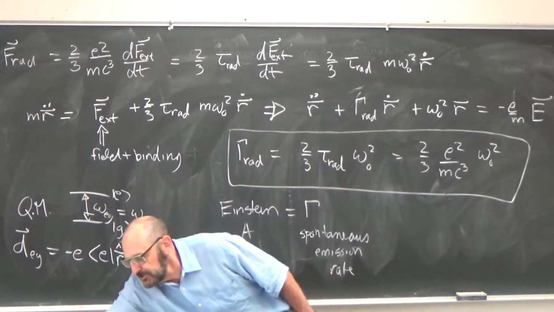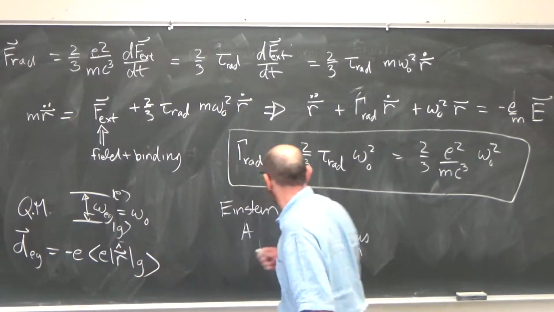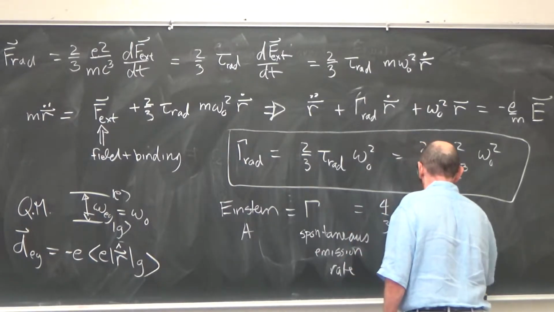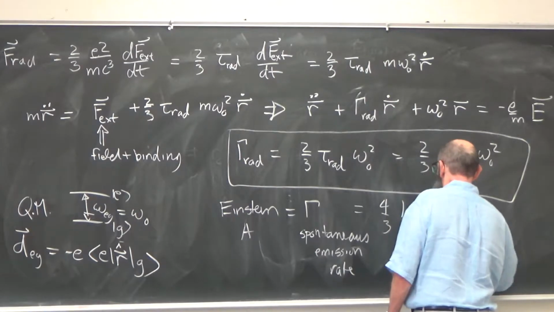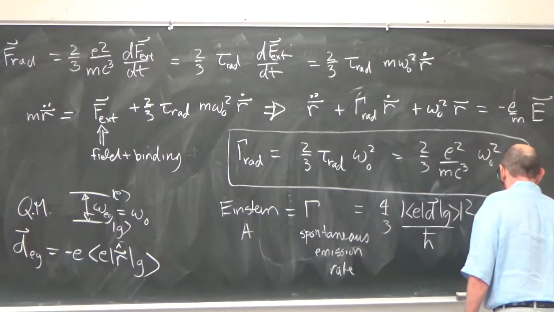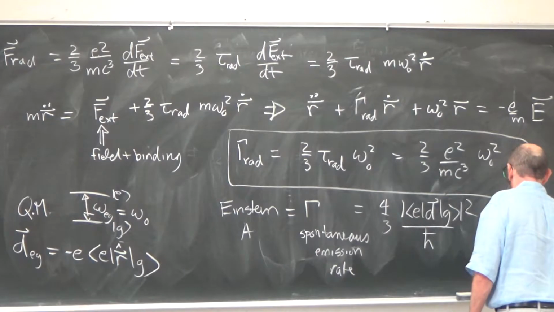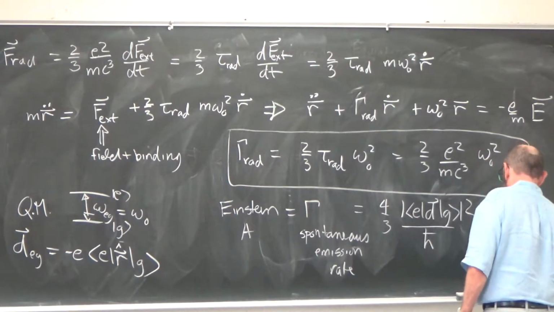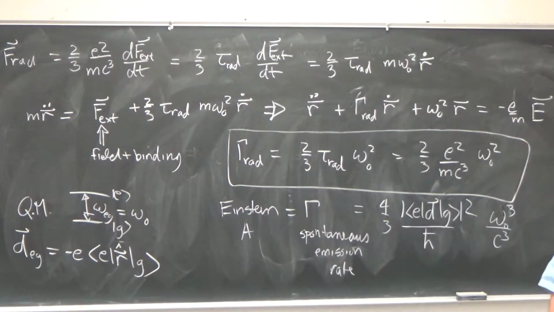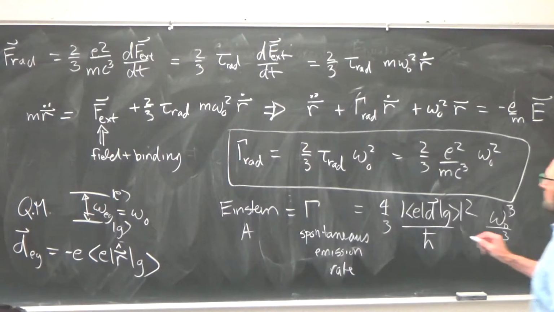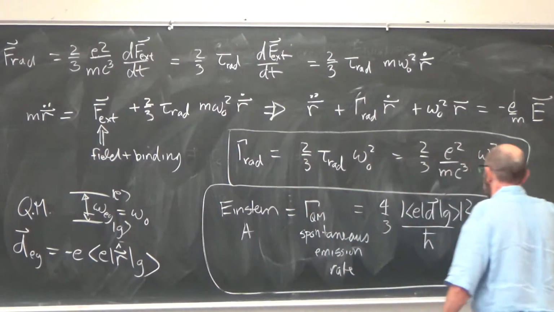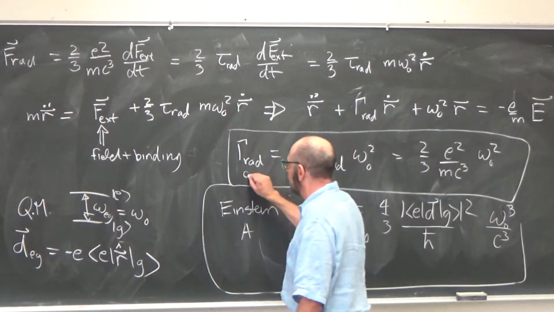And that spontaneous emission rate is given by the following. 4/3 dipole matrix element squared over h bar omega naught cubed over c. Okay. I'll call this Qn. We'll call this classic.